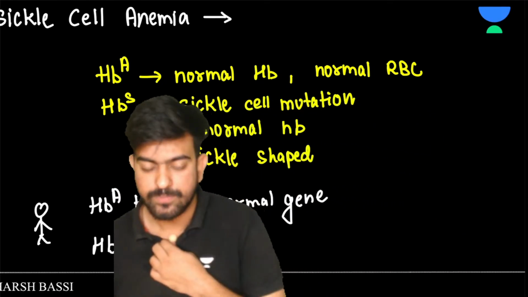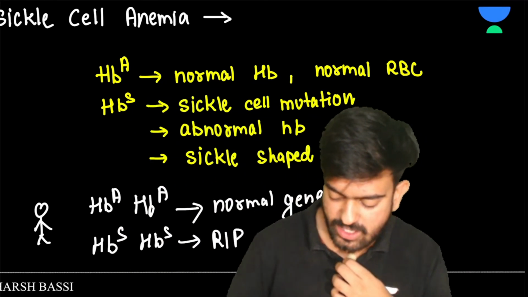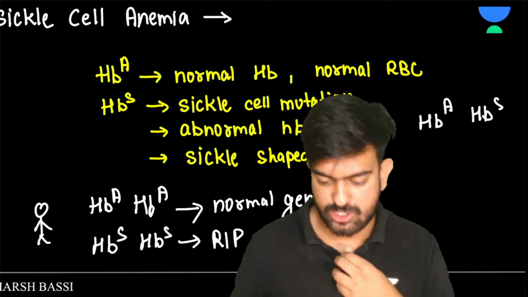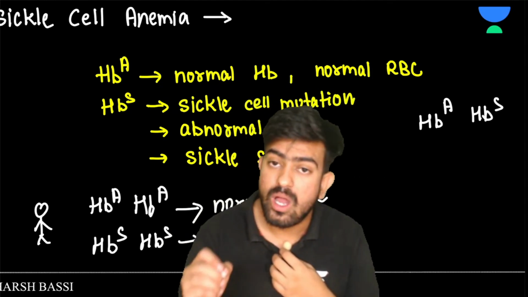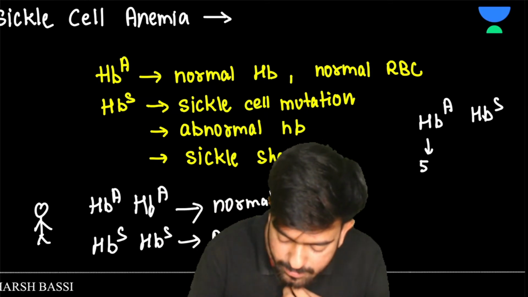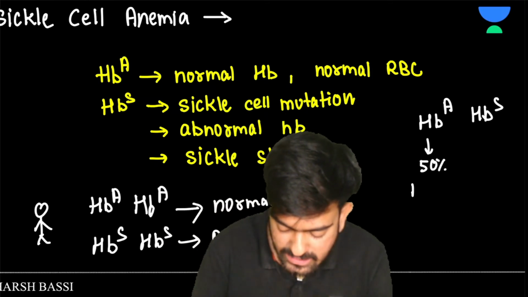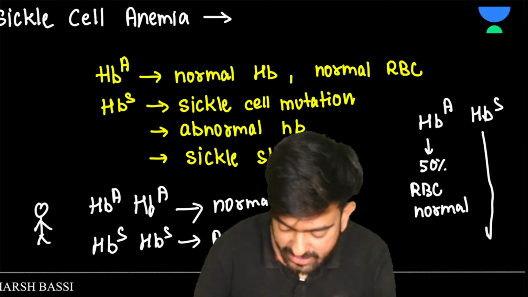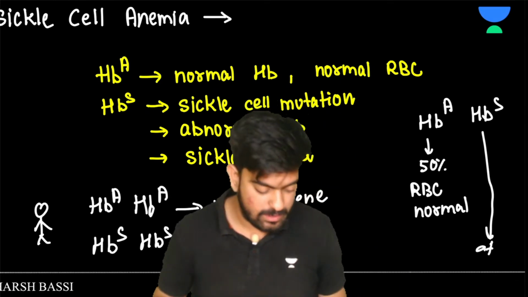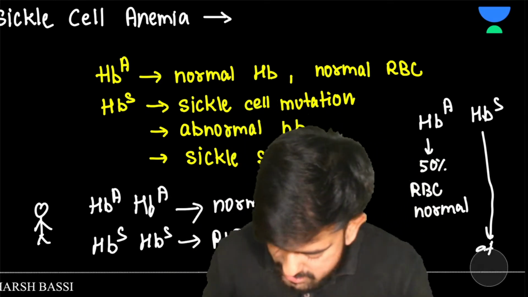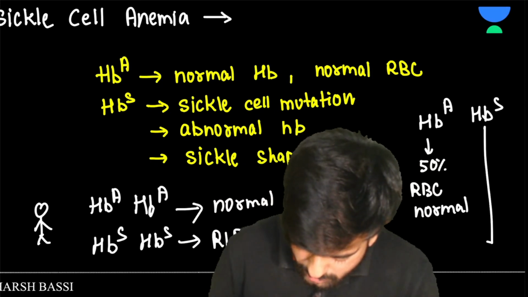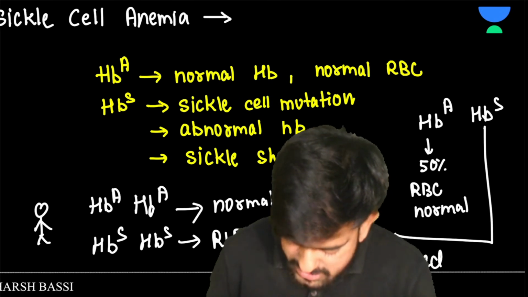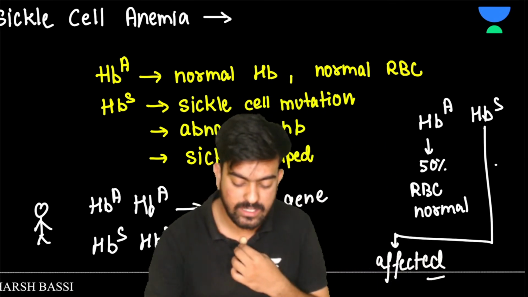But sir, if a person is having HbA and HbS, so what? 50% of the RBC will be normal and 50% of the RBC will be affected. Clear?